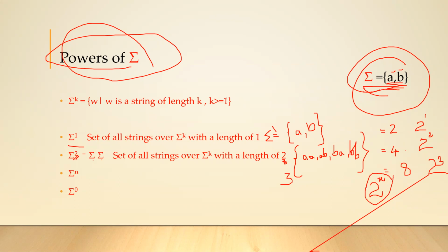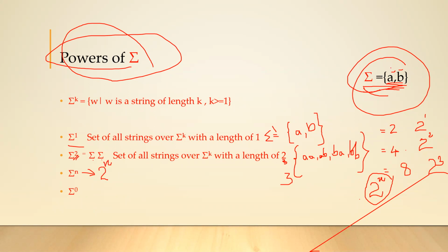So the number of strings which can be obtained from a sigma which has only 2 characters and a length of n is 2 raised to n.